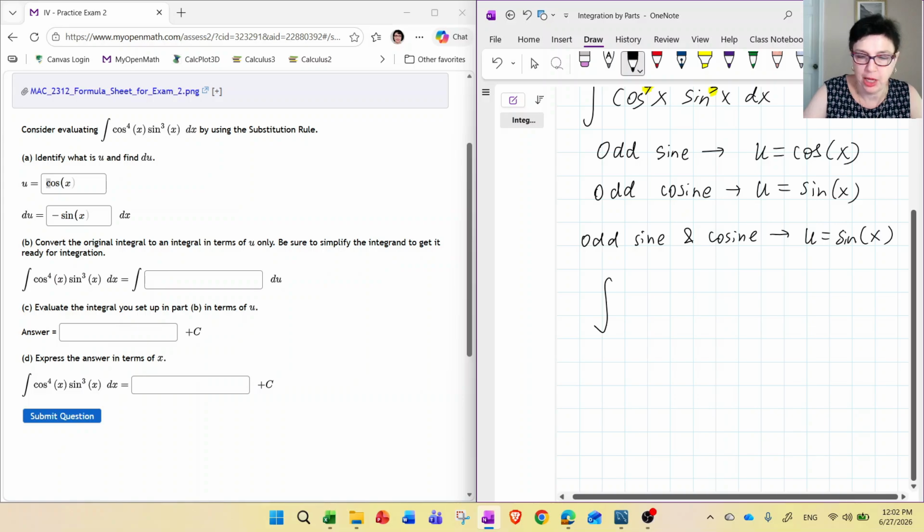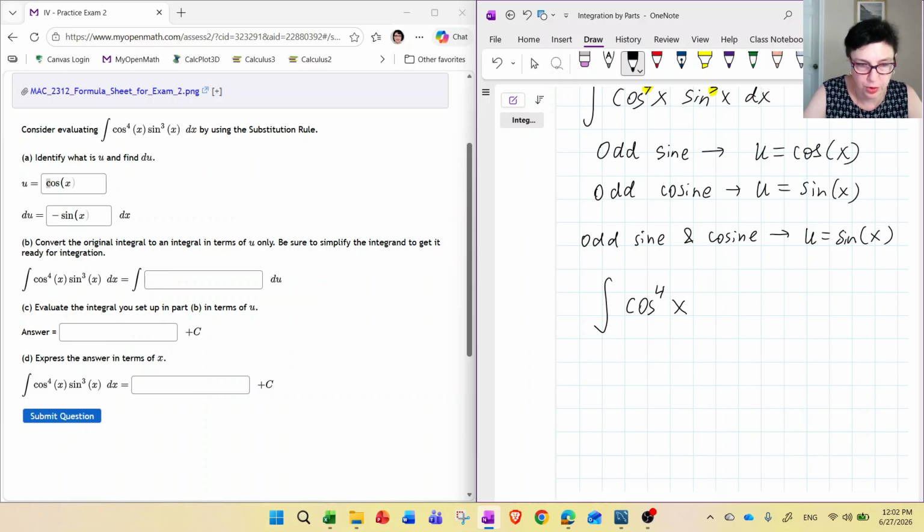Let's just take it one step at a time. So we've got cosine to the power 4. Then the whole idea here, since sine is odd, is that the substitution is the other one. We are going to take the sine cubed and split it into sine squared and reserve one more sine x.